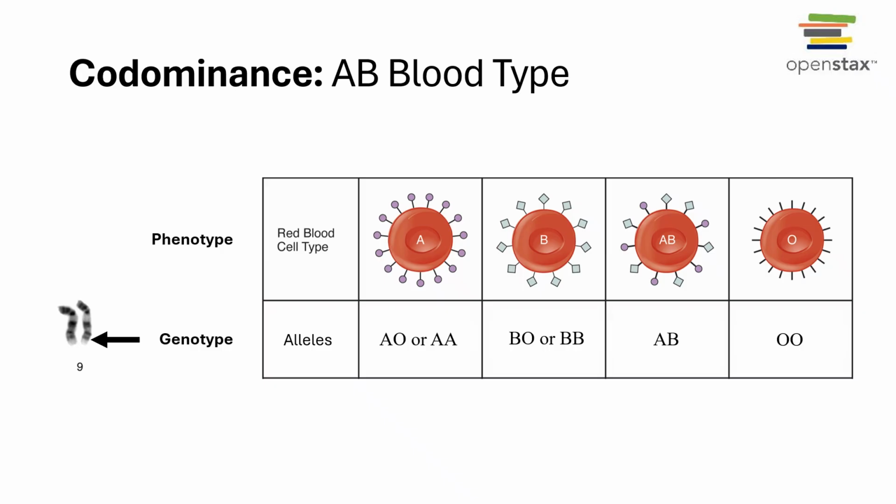Type A blood occurs when an individual inherits two A alleles, or one A allele and one O allele. Type B blood occurs when an individual inherits two B alleles, or one B allele and one O allele. Type AB blood occurs when an individual inherits one A allele and one B allele. In this situation, the alleles are codominant, so both A and B are expressed.